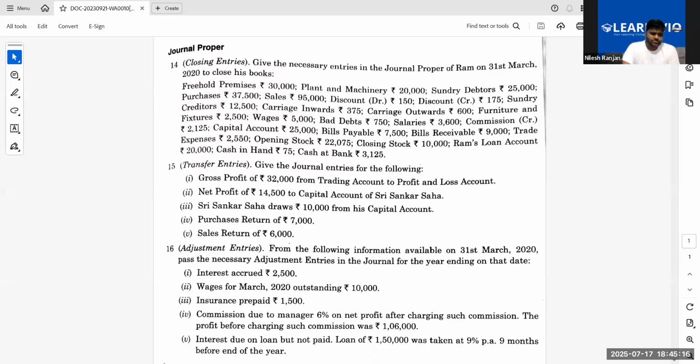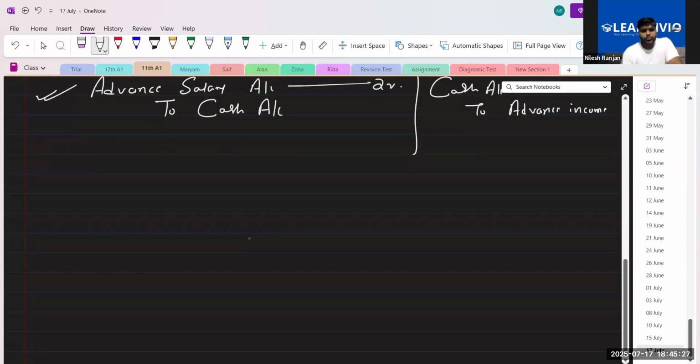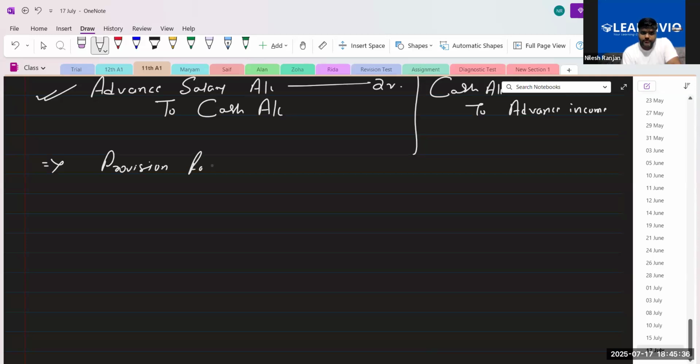There are some others like depreciation, bad debts, and provision for bad debts. So these are also adjustment entries. Now, provision for doubtful debts. If you have doubt that some of the money you have given to someone will not be received, then it is a loss.